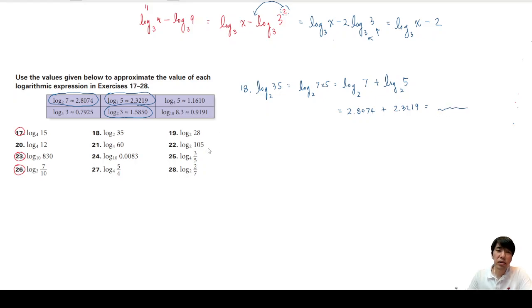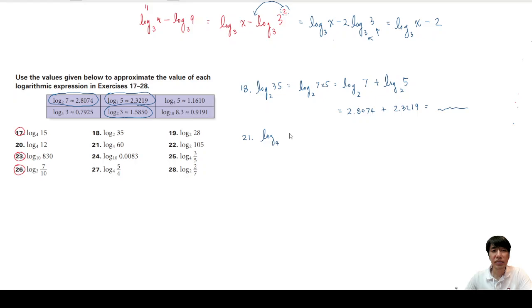Okay, let's look at 21. Log base 4 of 60. Oh, my computer's acting up a little bit.